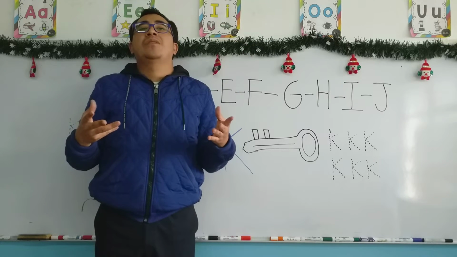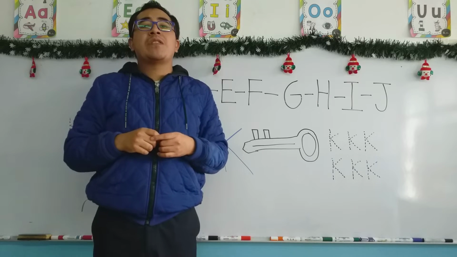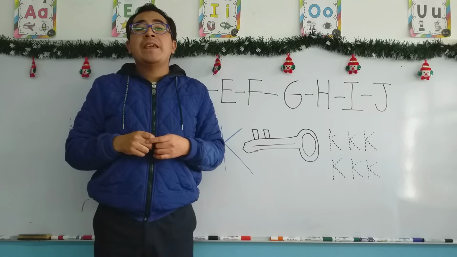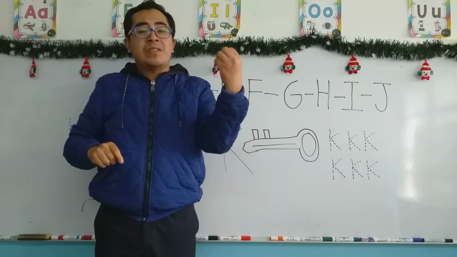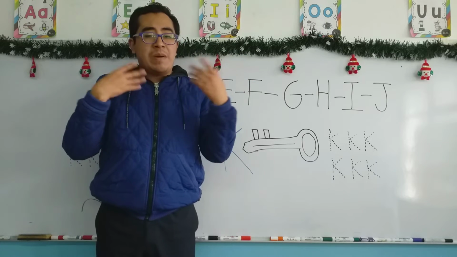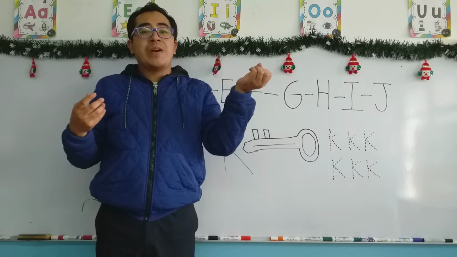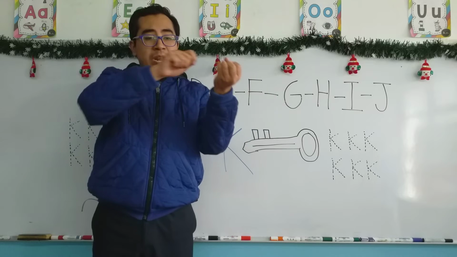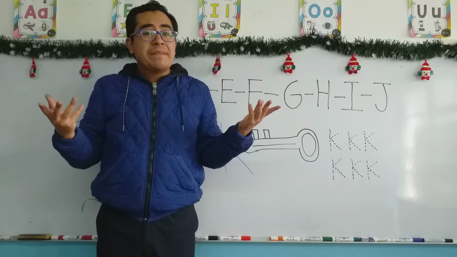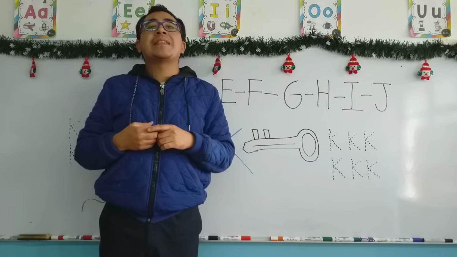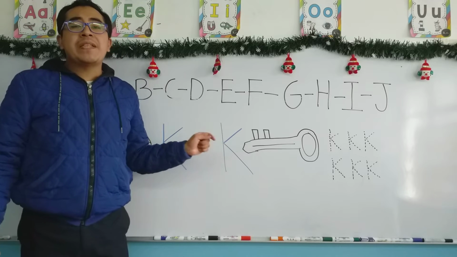Recuerden que las llaves son objetos pequeñitos, small objects, pequeños objetos que están hechos de metal y sirven para abrir las puertas, porque a veces estas puertas tienen un seguro para nuestra propia seguridad. Okay, ponemos un seguro para abrir las puertas. Necesitamos a veces una llave para poder entrar. Okay, now that is key, and the important part is that key begins with the letter K, capital K.